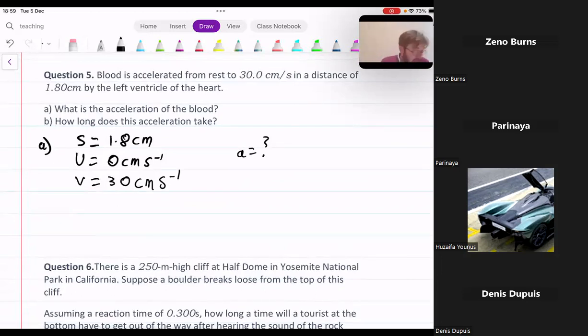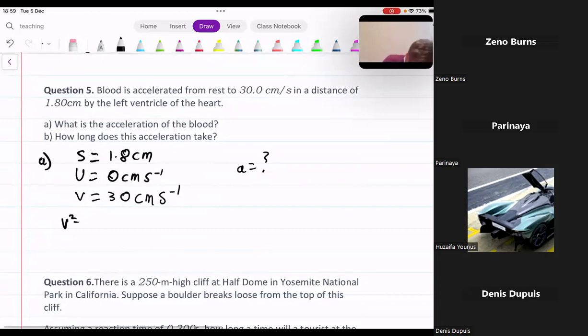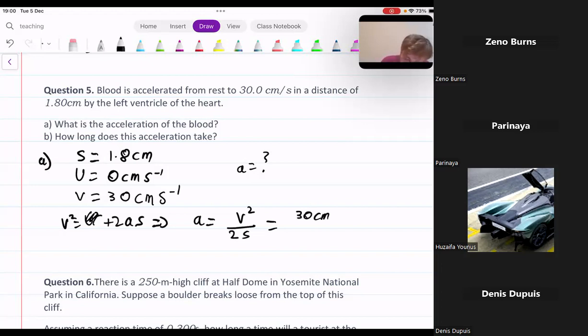So we have V squared equals U squared plus 2AS. Well, we know U squared is 0, so we can cross that out. And we can rearrange for A. So we have A equals V squared over 2S, which if we put numbers in, we have 30 centimeters per second, all squared, over 2 times 1.8 centimeters.